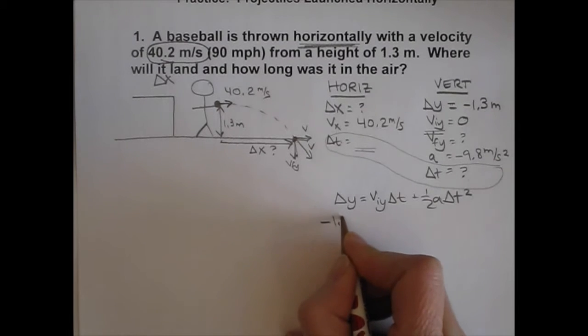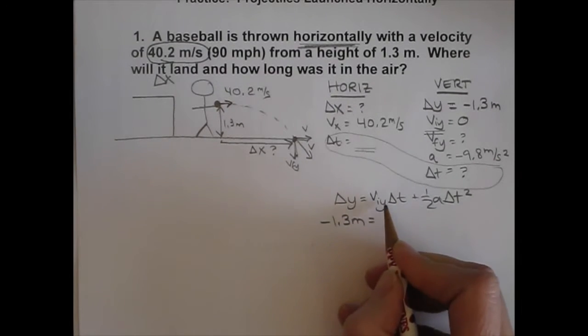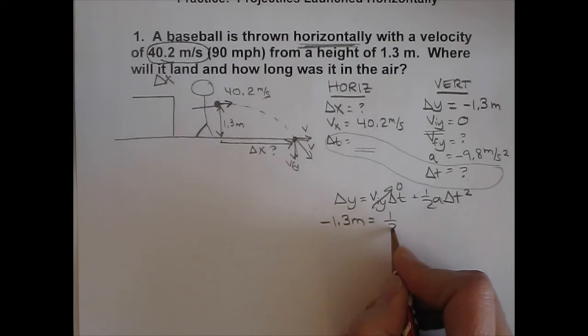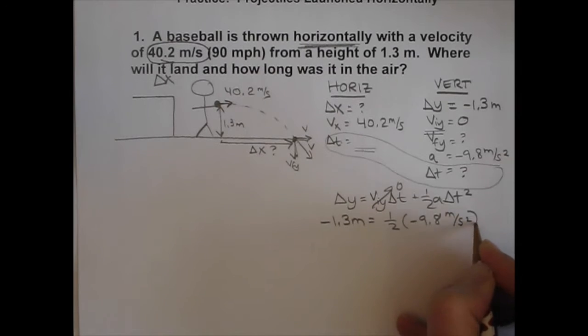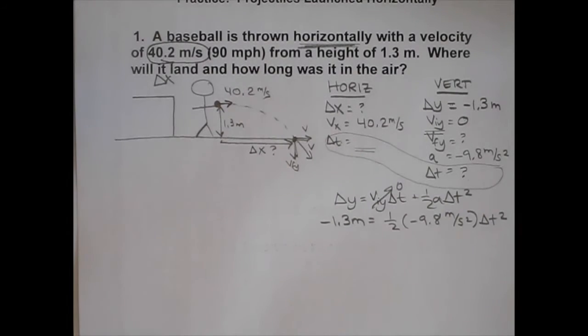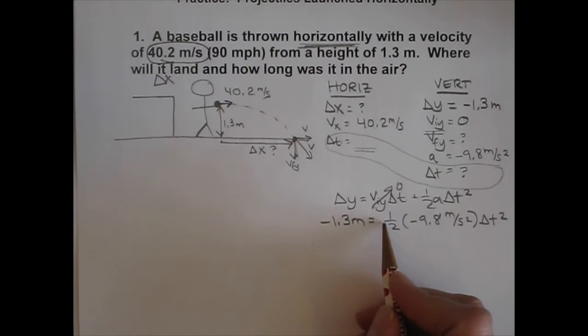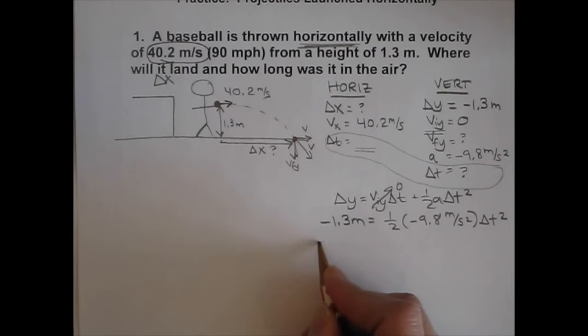And substitute your values. Viy is 0, so this term goes away. 1/2 times negative 9.8. And you can solve for delta t. To do that, we could divide this first.